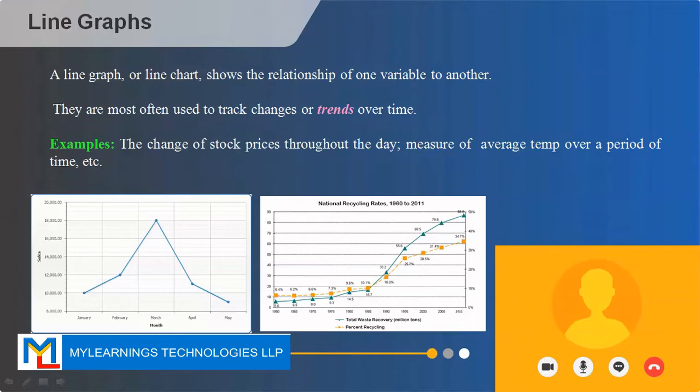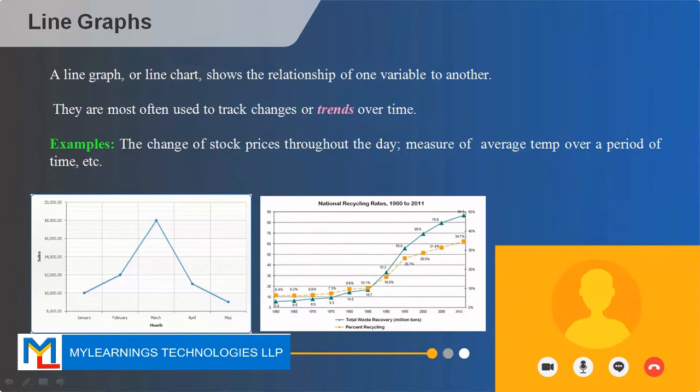They are mostly used to track changes over time, how a certain variable y has varied over time x. Examples again would be the change of stock prices throughout the day, the measure of average temperature over a period of time, etc.